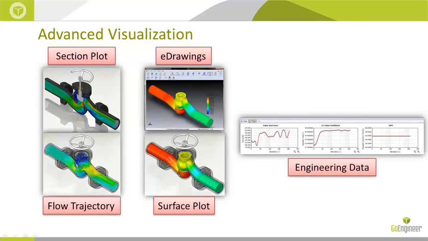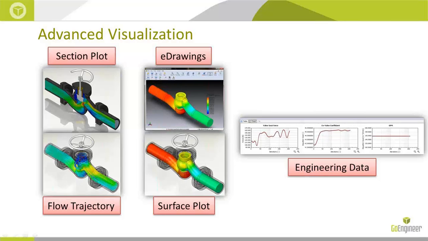So you choose a surface that you're interested in, and then how many trajectories across that surface you want to model. We can also generate surface plots, like in the bottom right there, and that looks at all the surfaces where there's a solid and fluid interface and creates a plot.